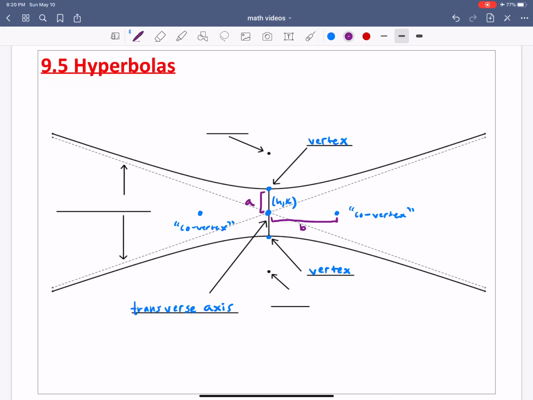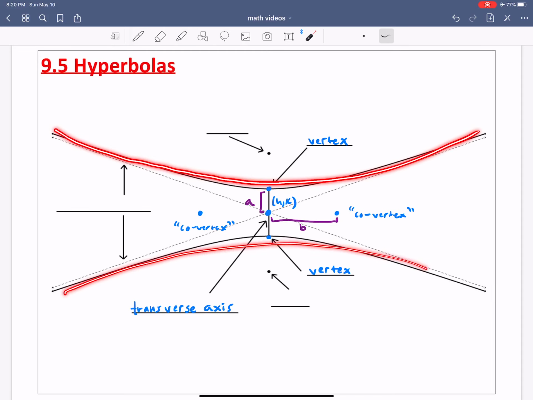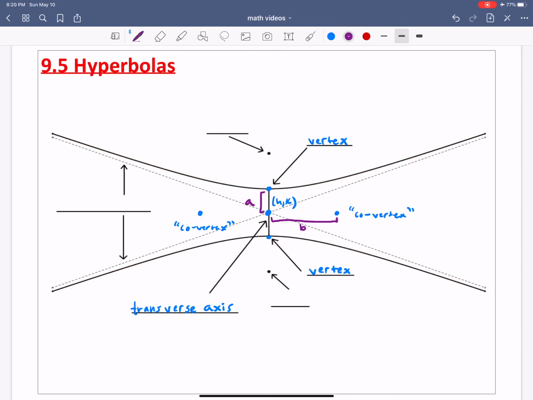All right, lastly, these other random points on the interior, the inside of these branches, are the focus points. So there are two focus points. And if you watch the 9.4 lesson on ellipses, we say the plural of focus is foci. That's how I say it. Some people say foci.